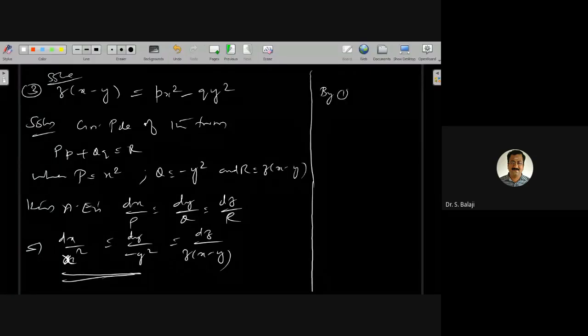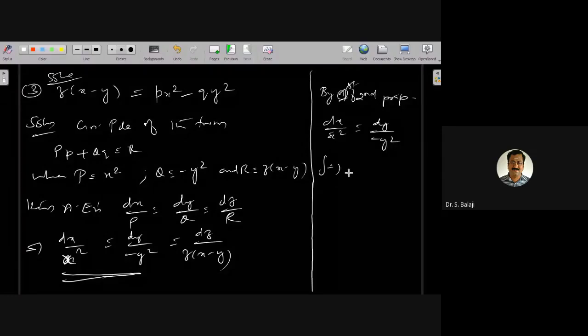By first and second proportion, dx by x square equal to dy by minus y square. Integrating, x power minus 2 gives x power minus 1 by minus 1, minus y power minus 1 by minus 1, plus a constant c. So you get minus 1 by x plus 1 by y plus a constant.